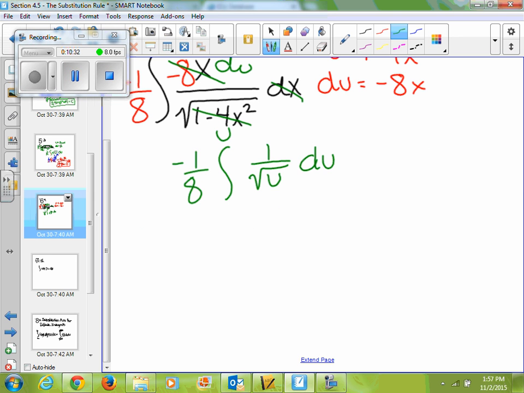Okay, and we've said that the square root of u is u to the 1/2. So if I move that to the top, so it's something I can integrate, this changes to u to the -1/2. So I get -1/8 integral u to the -1/2 du.